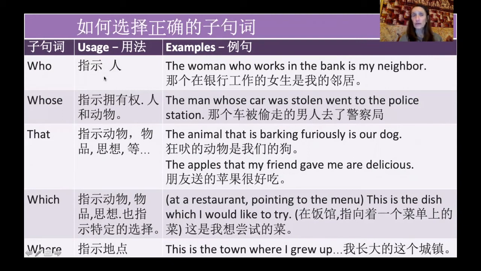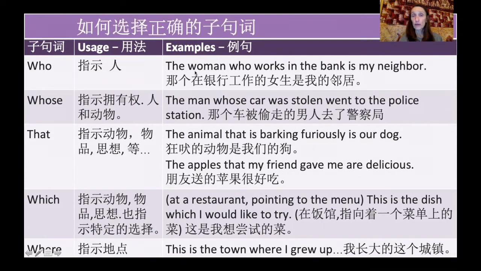So who indicates a person. You don't use it for anything else. The woman who works at the bank is my neighbor.